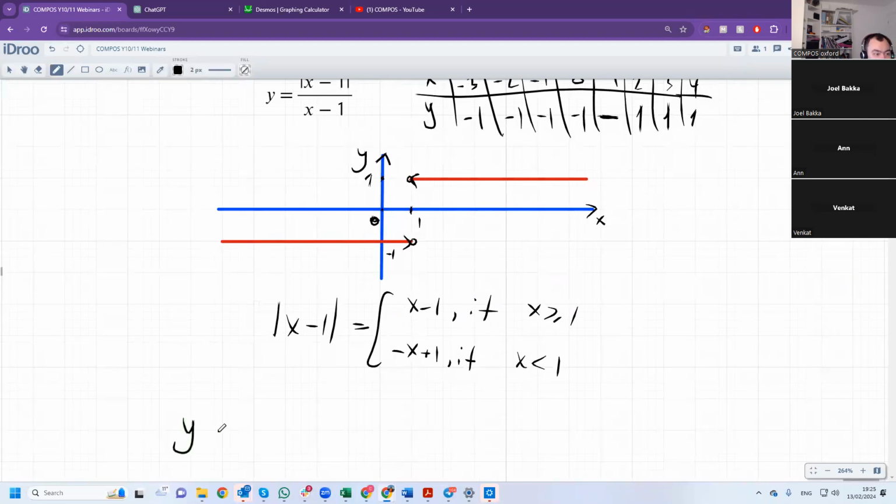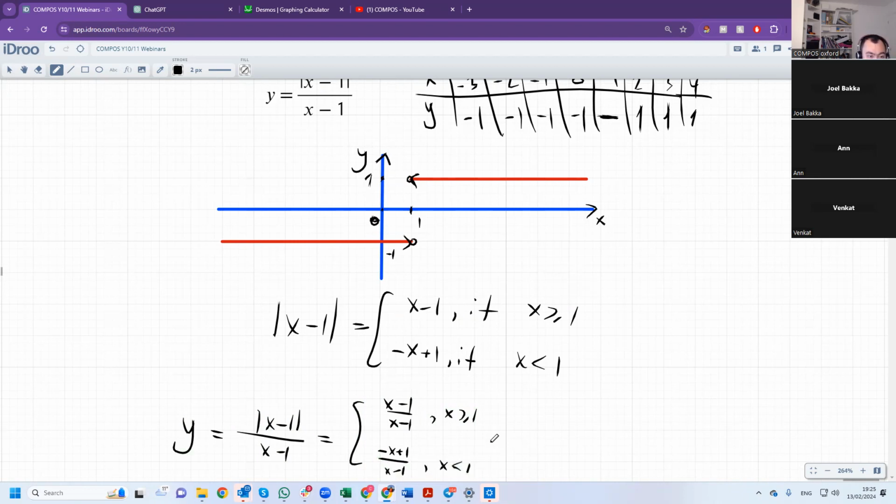Therefore, y, which is modulus x - 1 over x - 1, is either x - 1 over x - 1 if x is greater than 1, or it's minus x plus 1 over x - 1 if x is less than 1, which is the same thing as saying it's 1 if x is greater or equal to 1.